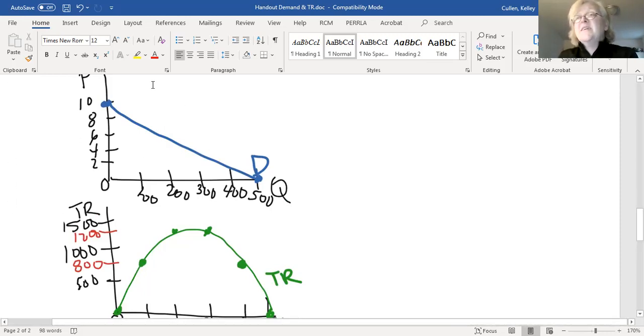And then if it's elastic here on the top graph, then you know for sure it's elastic here. On this side of the hill, it's elastic. At the top, it's unitary. Oh, look, it's unitary.